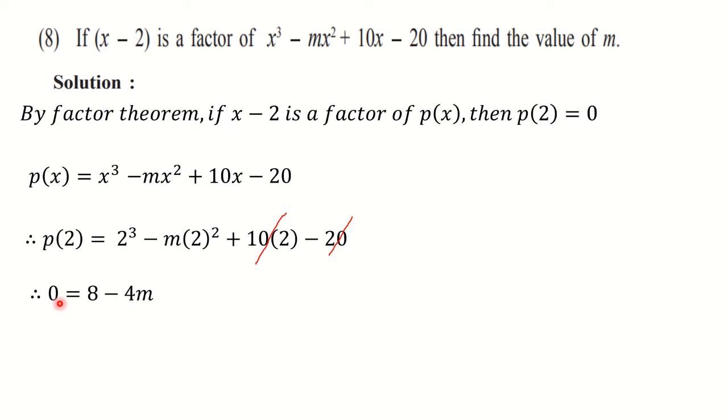So we got this step: 0 is equal to 8 minus 4m. Now let us shift this 4m to this side. So minus 4m will become plus 4m and we will get 4m is equal to 8. From that we will get m is equal to 2, which is the value of the unknown present here. I hope you have understood this question. Write it down.